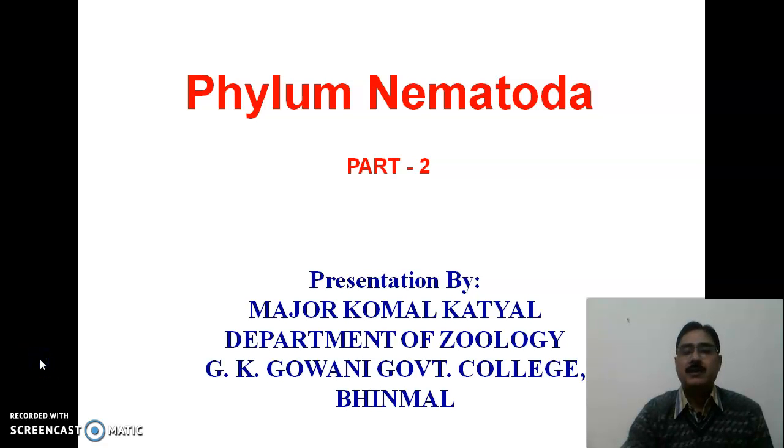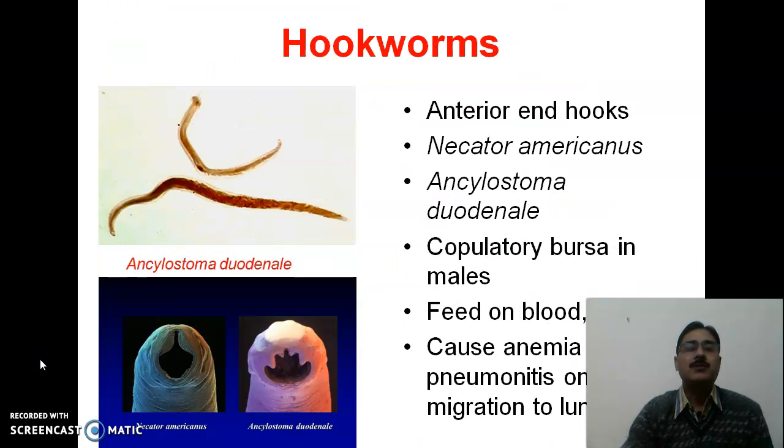Now today we will discuss the hookworms in the first slide. As is clear from the name, their anterior end has hooks, and these hooks, like the hooks of Taenia solium, which belongs to Platyhelminthes, are responsible for attaching the endoparasite to the body wall, here the intestinal wall of the host.